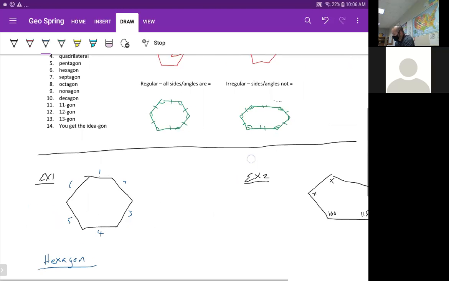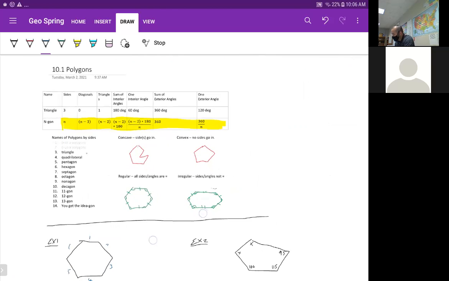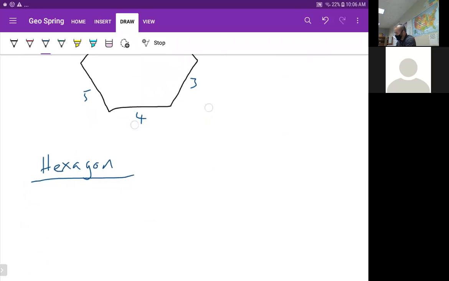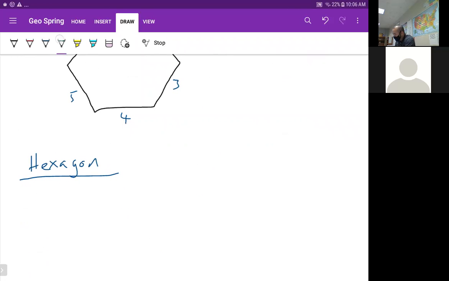Let's start using some of these formulas. The sum of interior angles for a hexagon: we know there are 6 sides. The formula for the sum of interior angles is n minus 2 times 180. I'm following the order your classwork has.